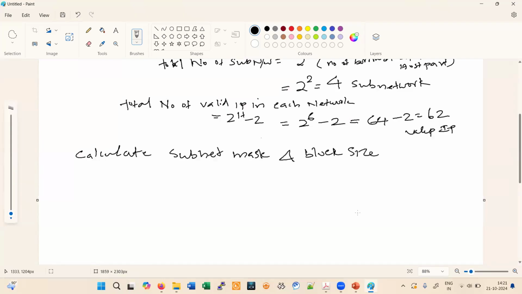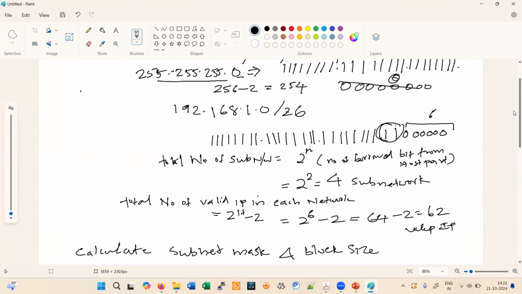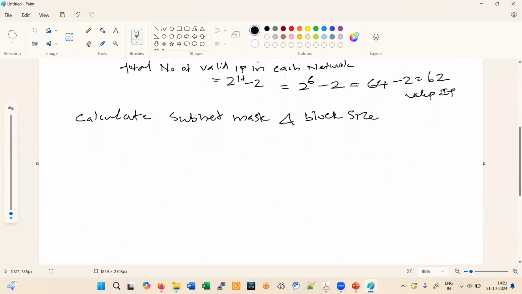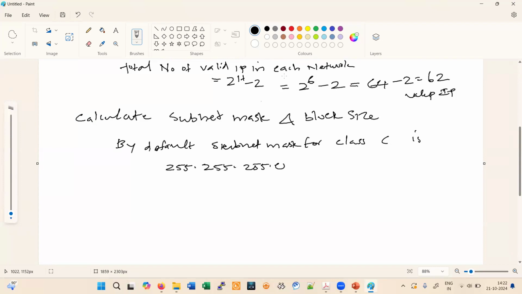See, in this, what would be the subnet mask? By default, I'll mention here, the subnet mask for class C is 255.255.255.0.